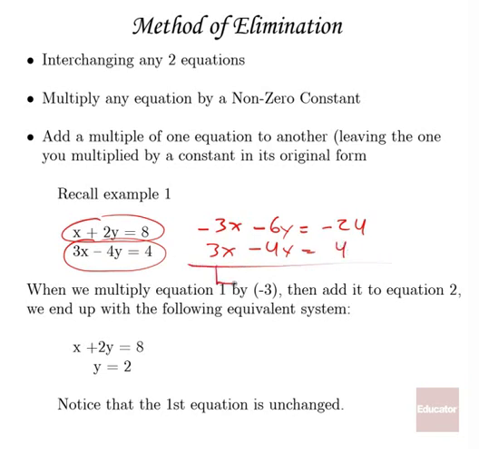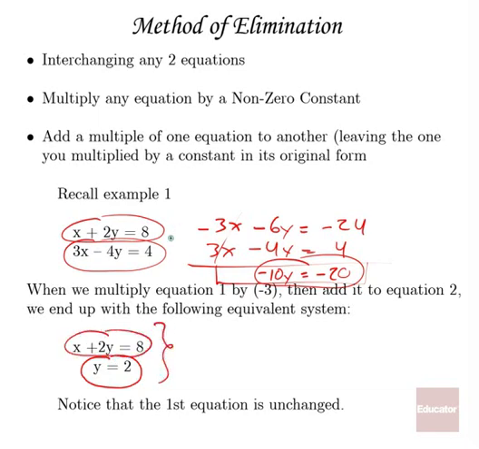Once we actually found the answer to this, which is, let's say, minus 10y equals minus 20, we ended up with a solution. Well, once we get that solution, this is now the new equation. So that's over here, y equals 2. But the original equation stays. So that's what we're doing when we do this. We're changing a system to an equivalent system. That's what we have to keep in mind when we're doing these eliminations. Notice the first equation is unchanged when we rewrite our entire system.